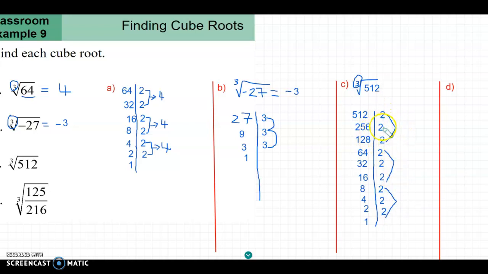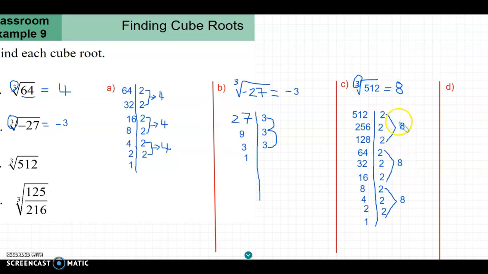That will be 2 times 2 times 2, which is 8. The first group is 8. 2 times 2 times 2, the same, 8, and the same here. So guys, if you multiply 8 times 8 times 8, that will be 512. So finally, the cubic root of 512 will be 8.